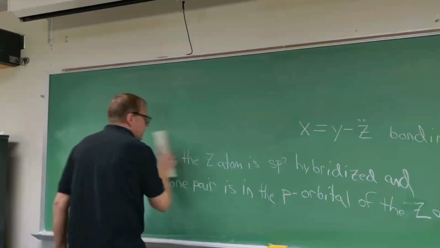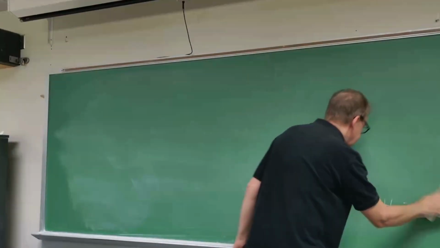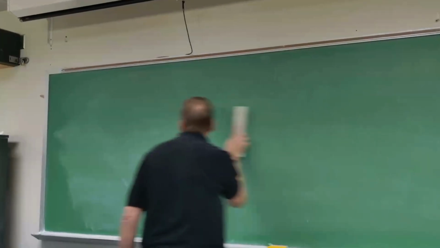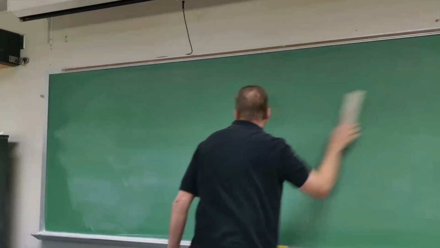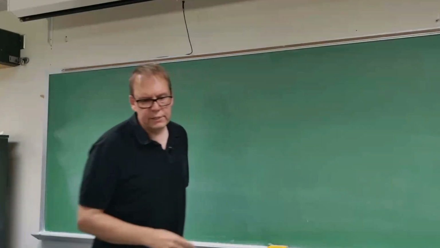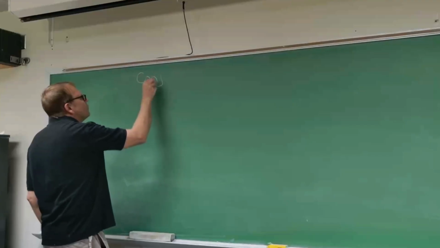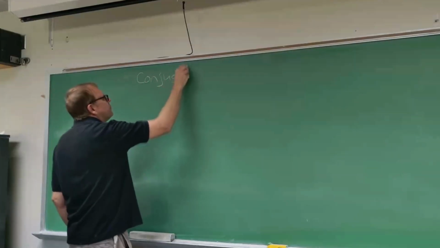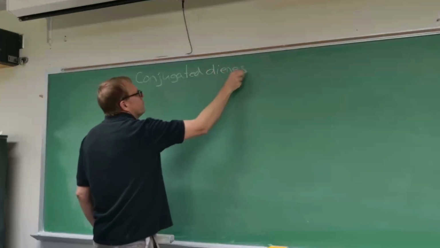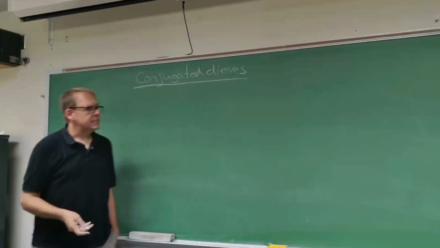And what we're going to start with are a particular class of dienes that are conjugated, because these are going to be really important later on when we look at this reaction called the Diels-Alder reaction. So this is the start of a discussion of conjugated dienes.